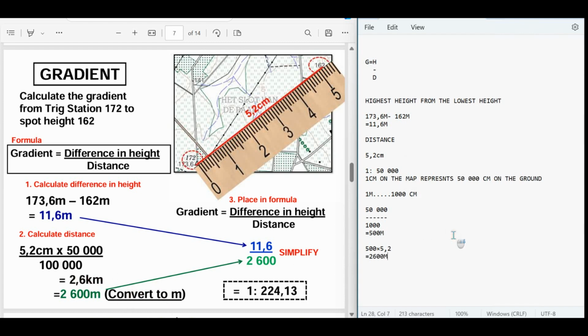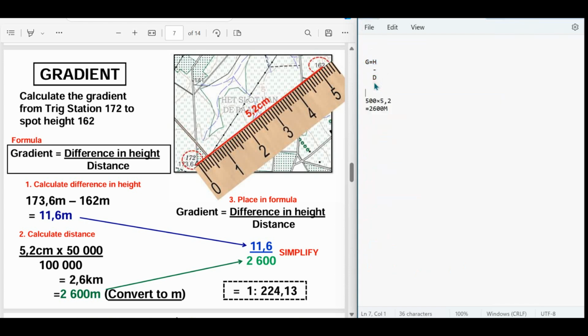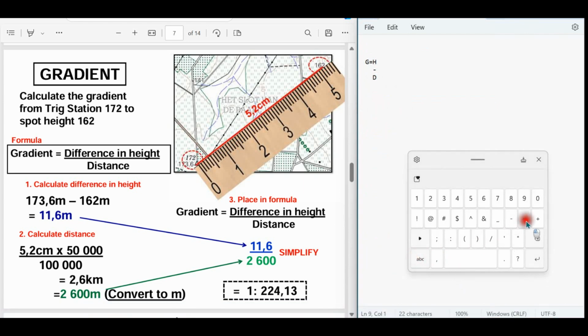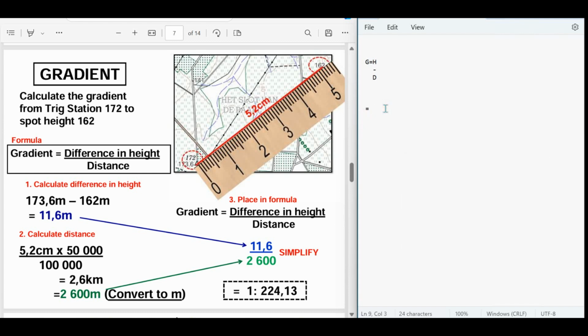Now we are not yet finished, because the formula for gradient is height divided by distance. We already know that we have our height. What is our height?